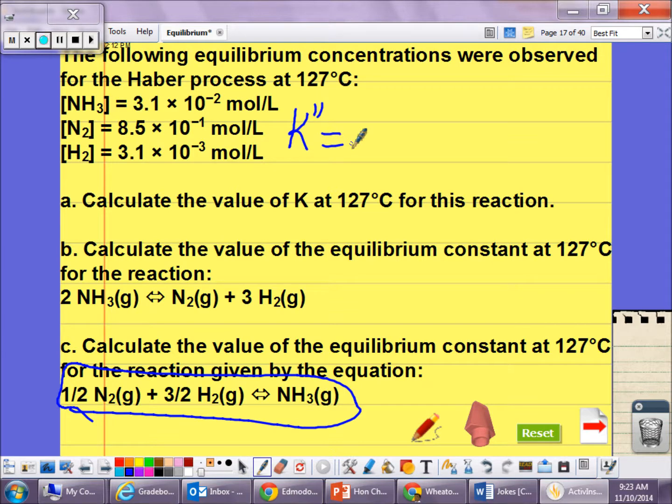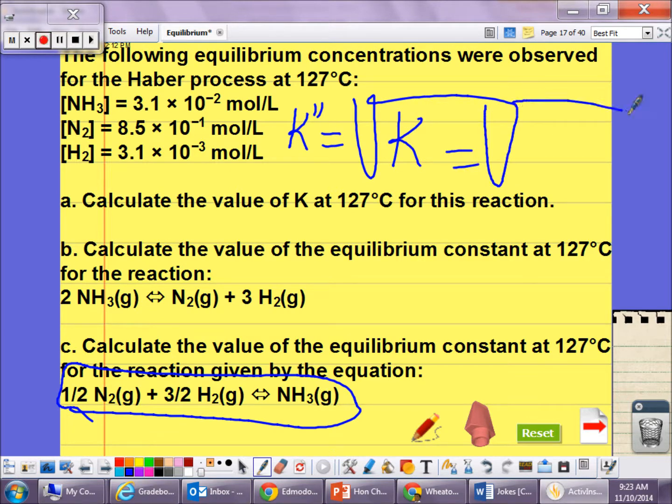Square root it. It is the square root of the original K. You are right. It is the square root of, what is it, 37,950. So K equal 194.8. No units. The units cancel out.